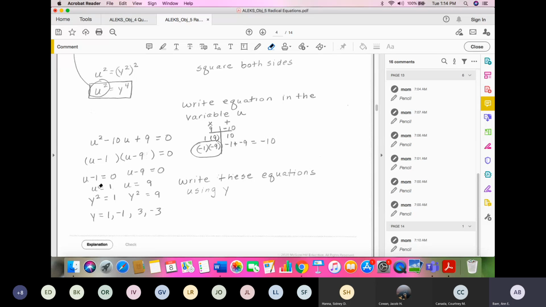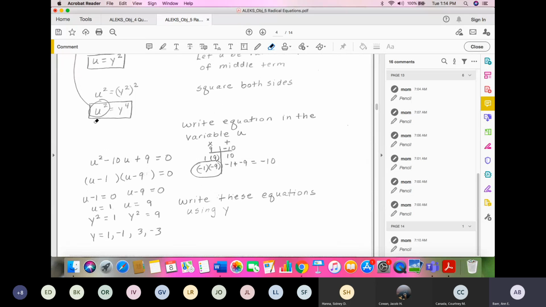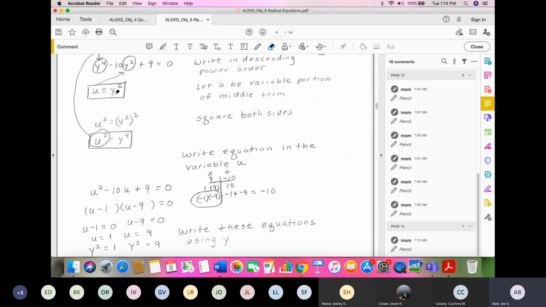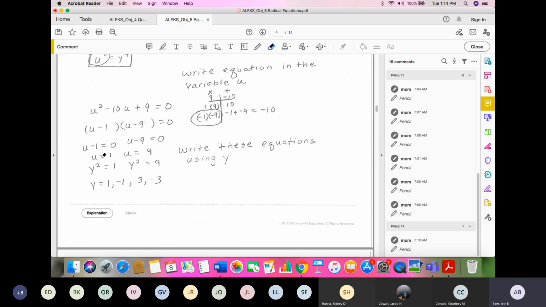We look for what is U equal to. Go back and look what your variable is equal to up here. U equals Y squared. Take out the U and put in Y squared for this one and this one. And now you've got y squared equals 1 and y squared equals 9. Take plus or minus the square root of both sides and you're done.